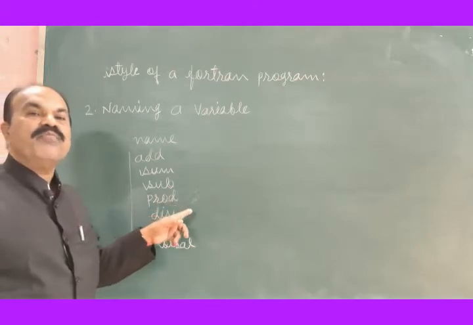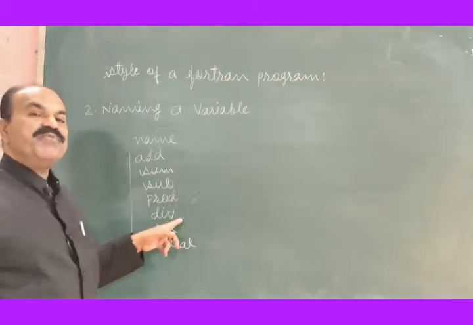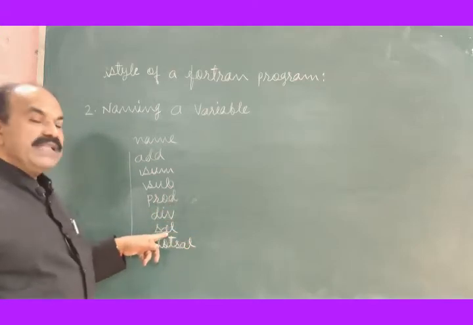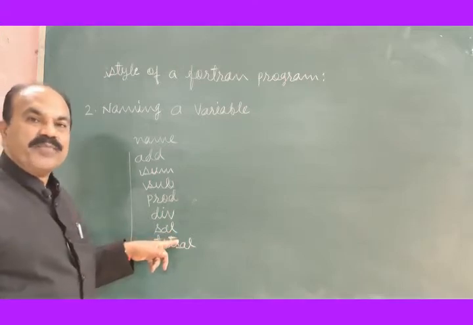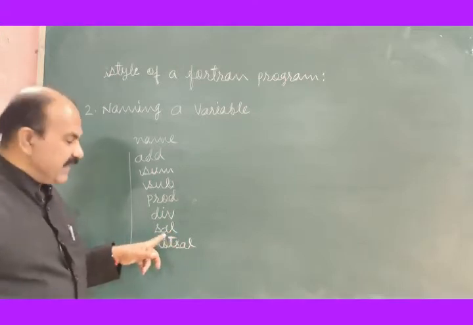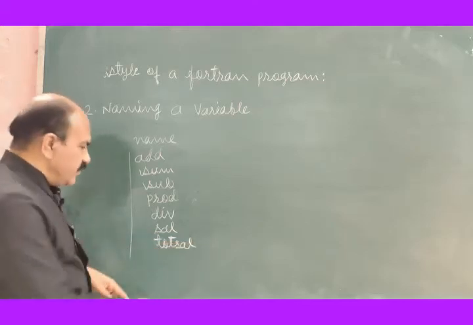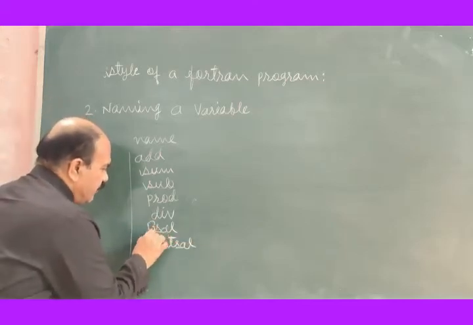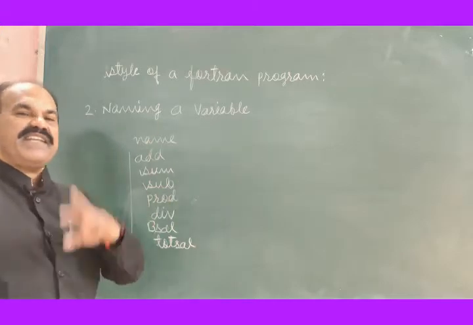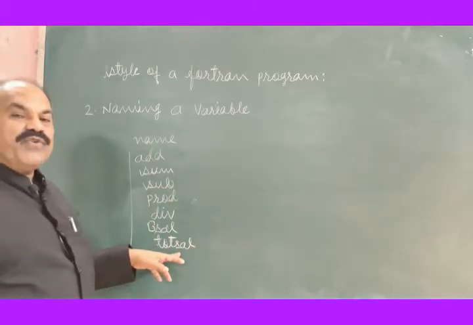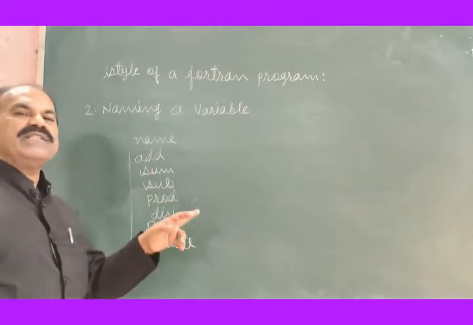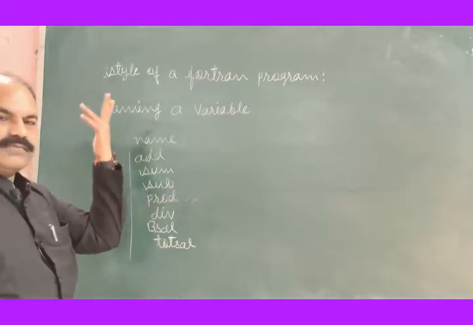It should be for product. It should be for division. If you are writing the program for finding salary, SAL may be the salary, or you can just put BSAL, basic salary, TOTSAL, total salary, and so on.